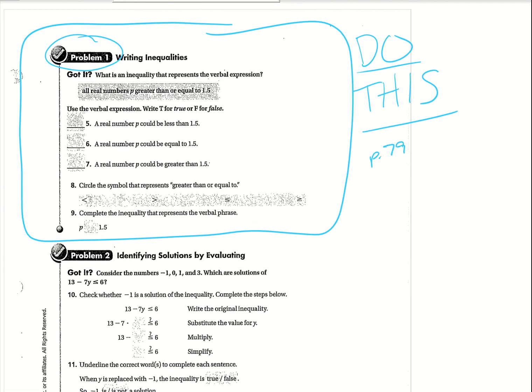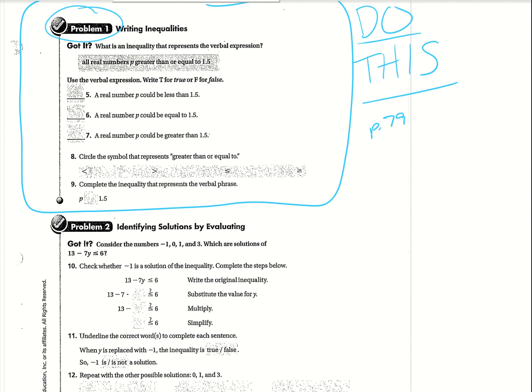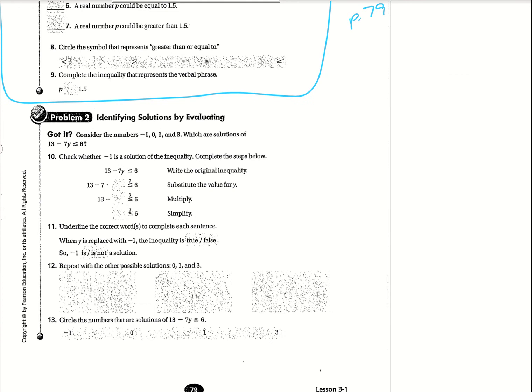And for your notes, I just want you to do 5, 6, and 7, and then 8 and 9 as well. Try that one out. Once you've done that, we're going to move on to problem 2. And we will do 10 a little bit together, a little bit separately.